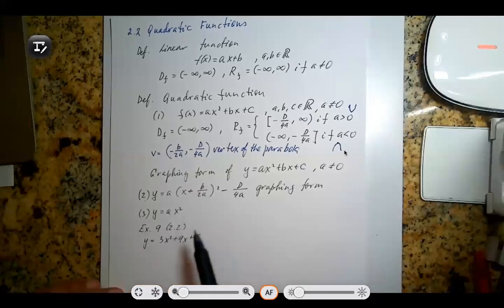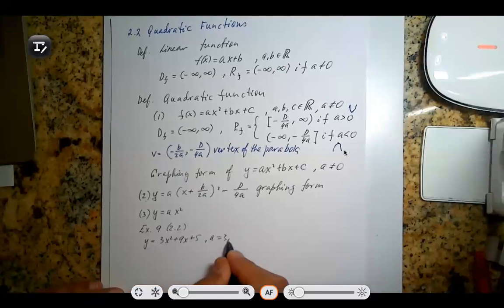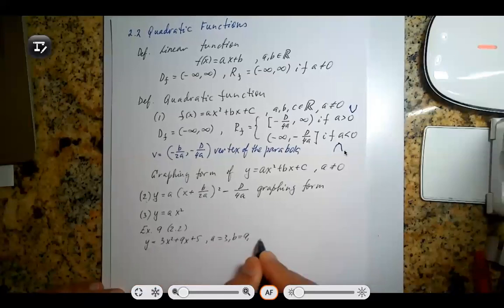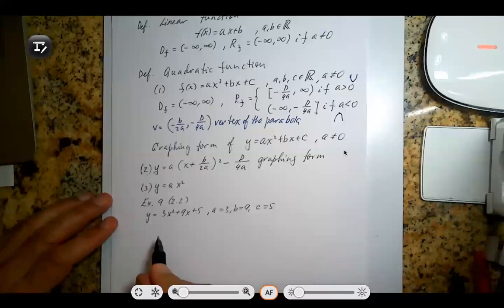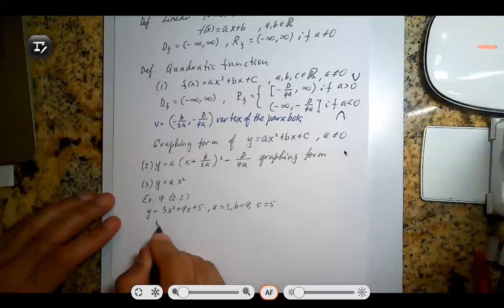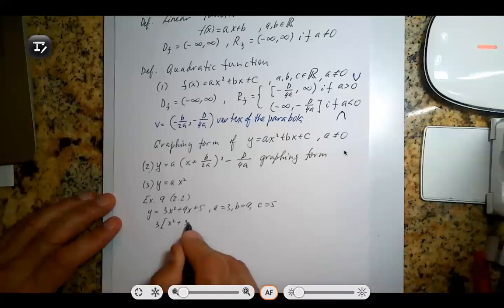So in this case, your a is 3, b is 9, c is 5. You can plug it into the vertex formula, or you can use completing the square. Let's do it. I'm going to factor out 3. I get x squared plus 3x plus 5.